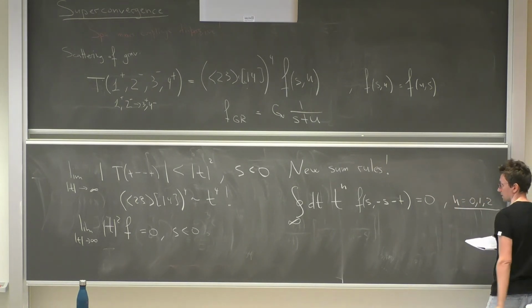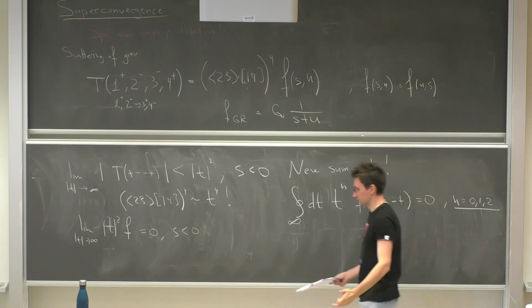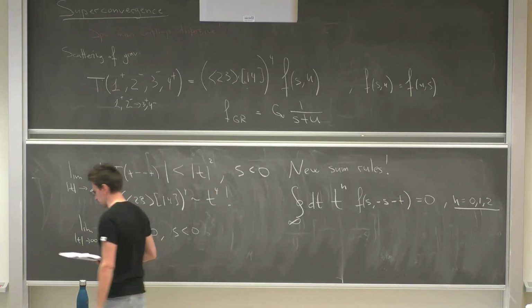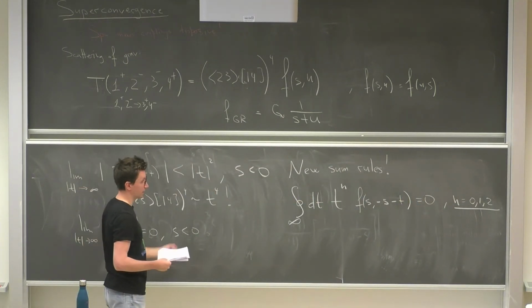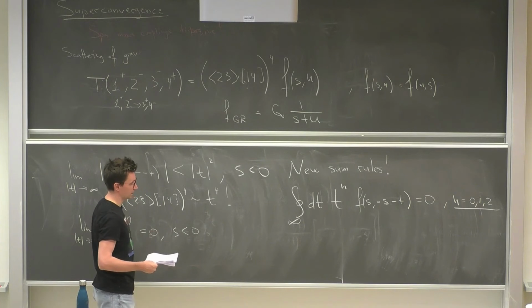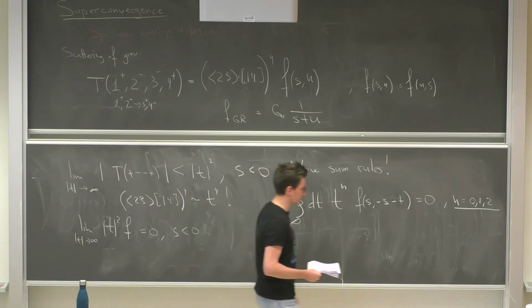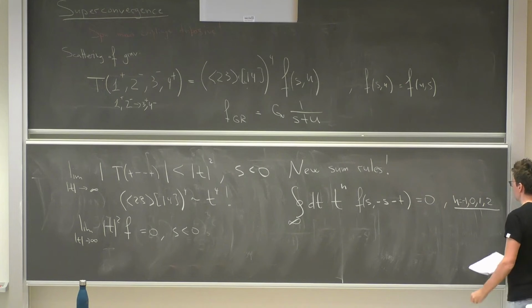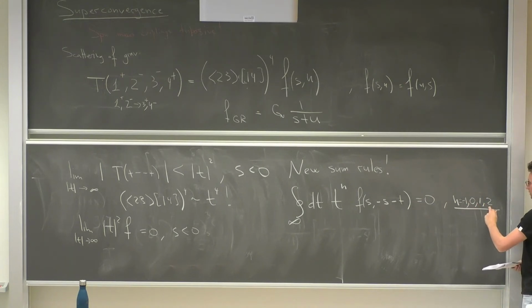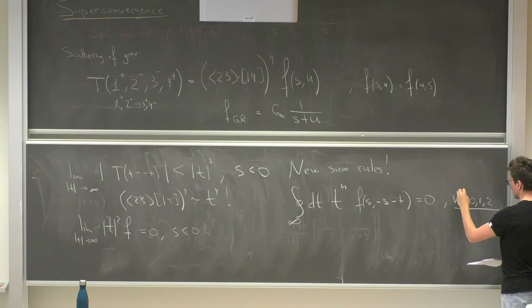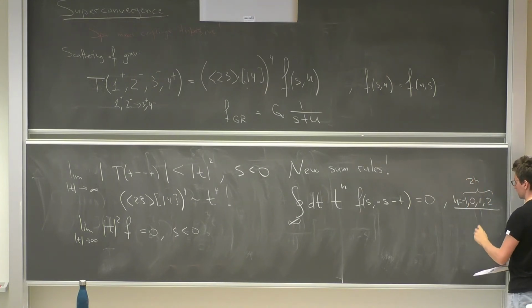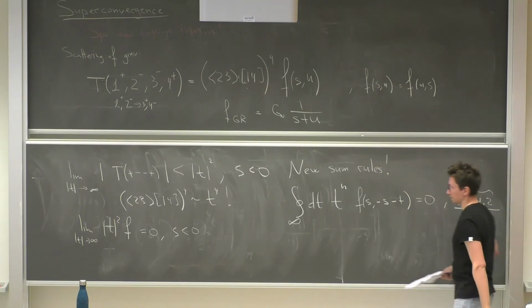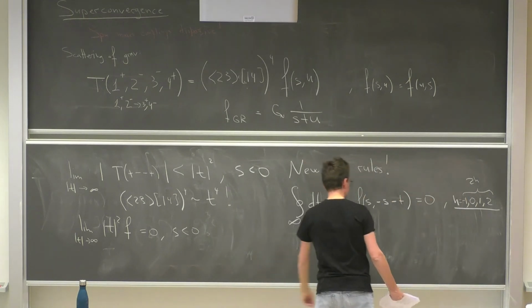These sum rules were not there for the scalar case, in fact, even for n equal -1. And the fact that we got 4 is related to the fact that the helicity of the graviton is 2. So in fact, we will get 2h new sum rules. For photons, we will have t squared, etc.